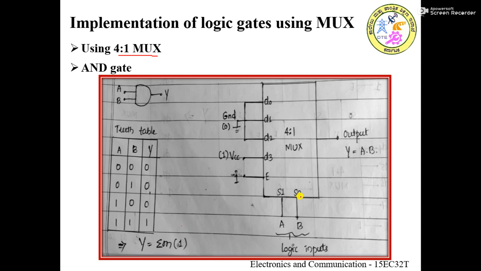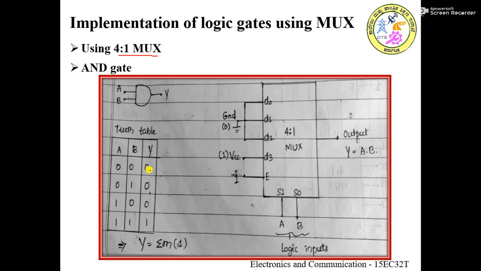The first step is over, and now the next step is to map the 4 different outputs with the 4 inputs of the 4:1 mux in sequence. As A and B are mapped with S1 and S0, when they are 0 0, it will select D0 content.